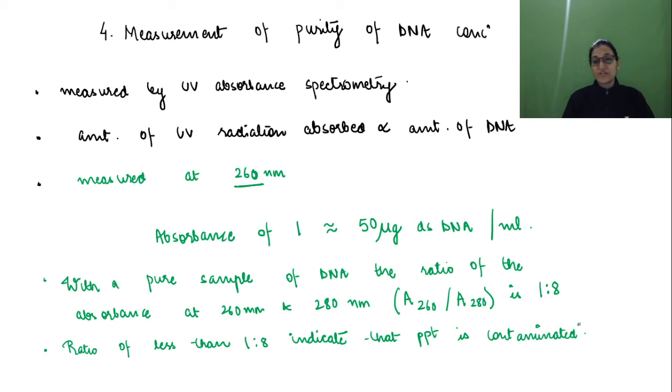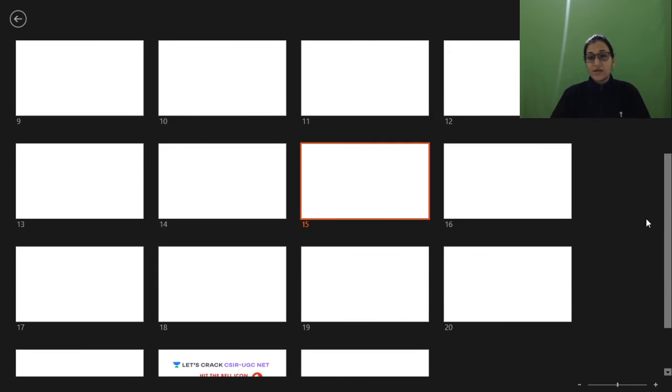This contamination can be due to protein or phenol. Though chloroform was used to remove the residues of phenol, if it is still present, it will give a ratio of less than 1:8 when absorbed at 260 and 280 nanometers.